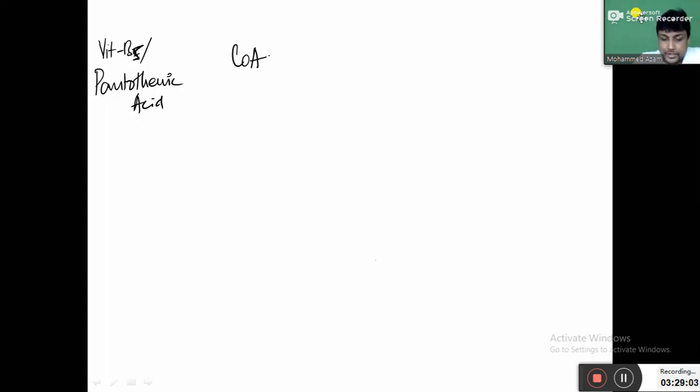And now my dear friends, that is the reason why we don't have to learn the name of the enzyme there, sir. There is no need to learn the names of the enzymes. Nothing to write there. The only one important point that you have to remember is that vitamin B5 deficiency will lead to burning foot syndrome.